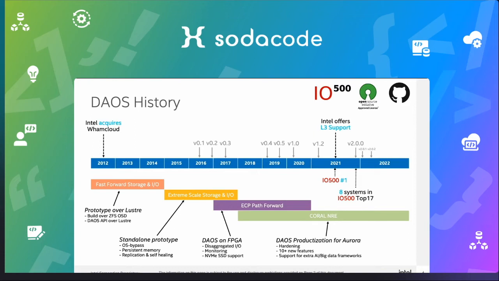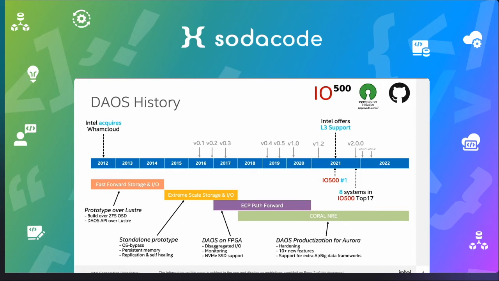We then released in 2021 v1.2 that started to be broadly used, and in mid-2021, Intel officially announced L3 support for DAOS. This means that a support contract can be signed with Intel to provide L3 support for DAOS installations that include code changes and new releases.